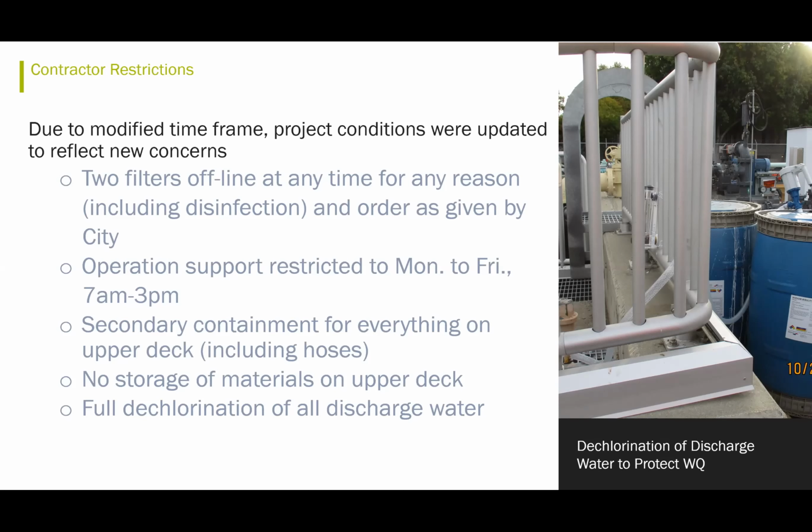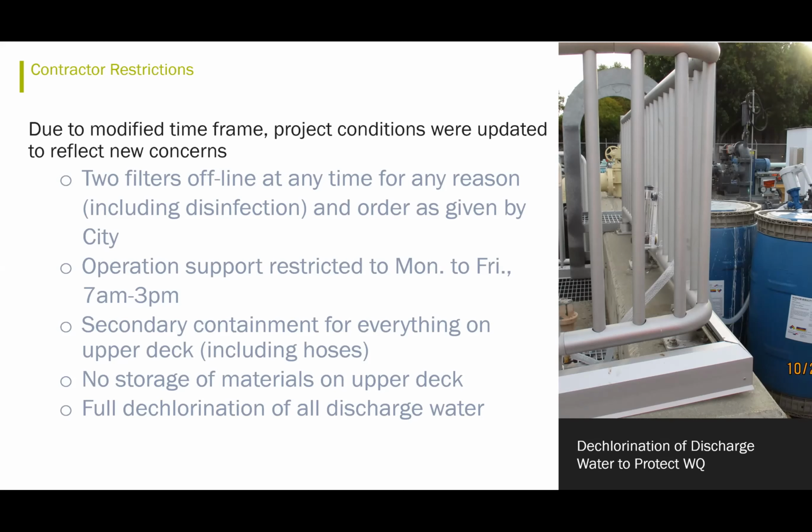They would only allow the contractor to take 2 filters off at any time. And under certain cases, once they took them offline, they were out until they came back. They restricted the contractor's operation to Monday through Friday from 8 a.m. to 3 p.m. And they had to contain everything that was on the upper deck of the filters.